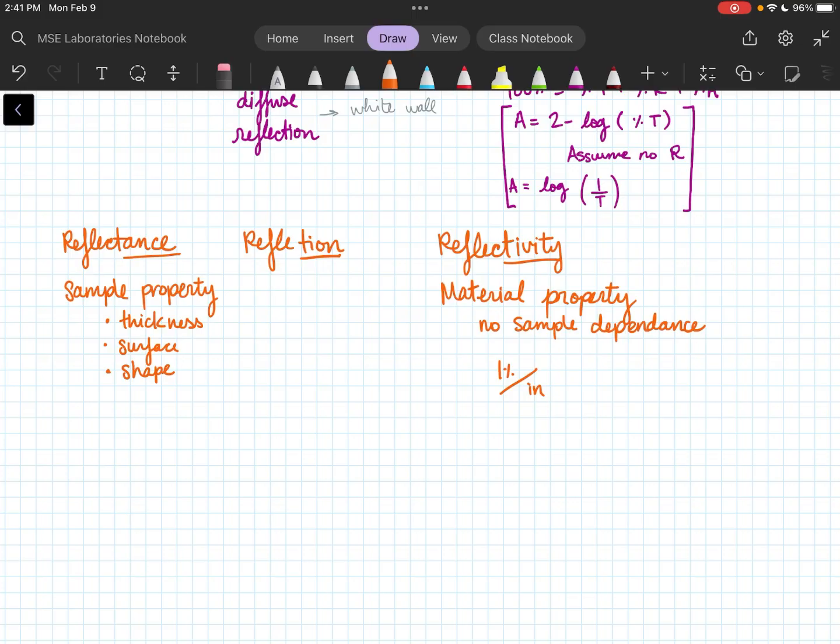Where I could say, okay, well then my material is 4 inches thick, I know it's going to absorb 4%. That'd be absorptivity. Something that I could say glass, all glass across the whole world, as long as it has the same chemical properties, has this value. I'm not going to write it down because I don't know the actual value of glass's absorptivity and I don't want to claim that I do. But that would be the kind of example.